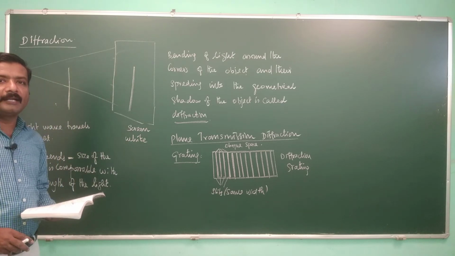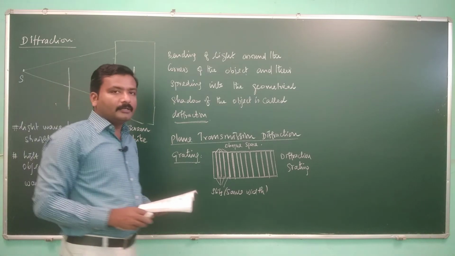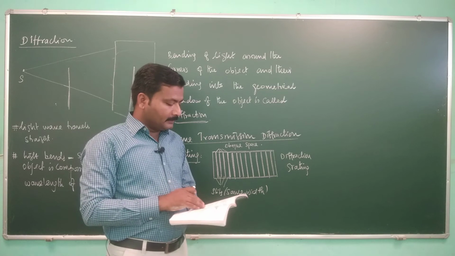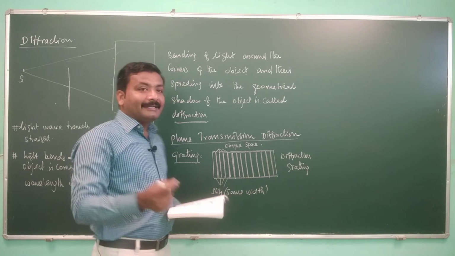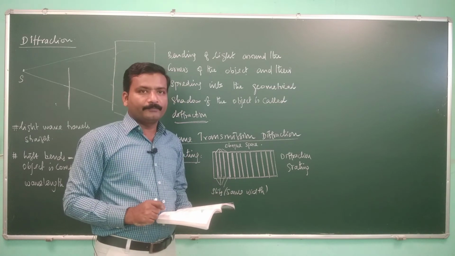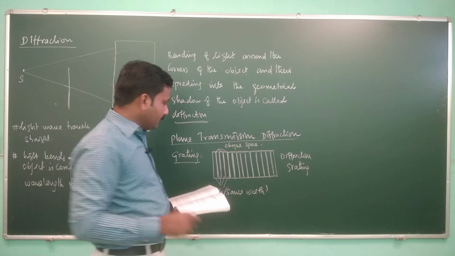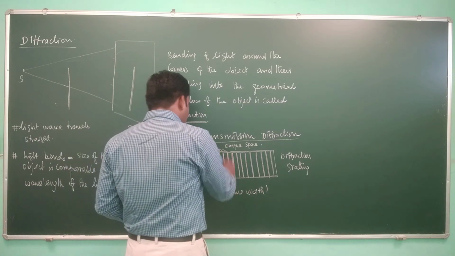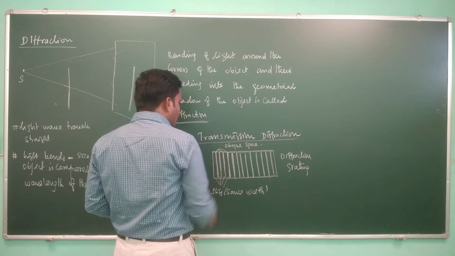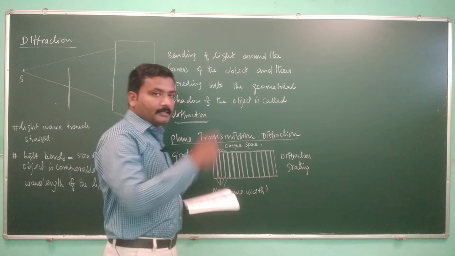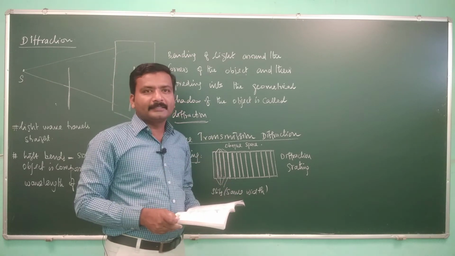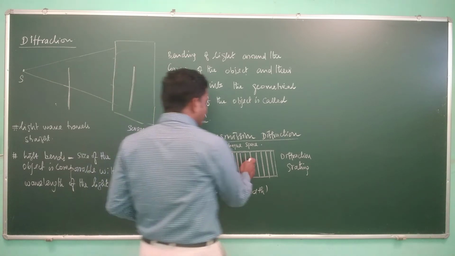These parallel lines can be drawn using a diamond pointer. Using a diamond pointer, equidistant, narrow, sharp lines are drawn.